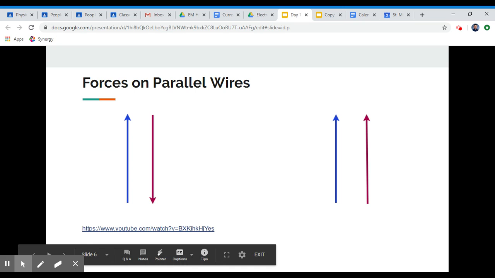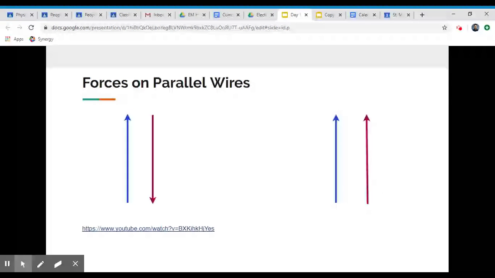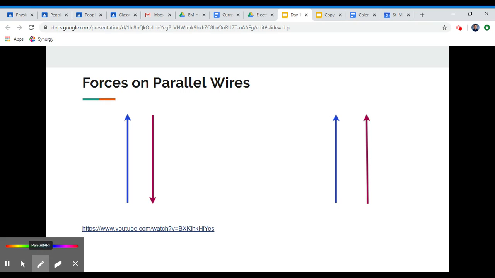We are going to talk about forces on parallel wires, as a lot of the problems we deal with when we're talking about these kind of problems and solving for the magnetic field on a wire. We always deal with parallel wires, and it's just going to be a matter of if the current is traveling in the same direction or the opposite direction, and that's what these arrows are representing.